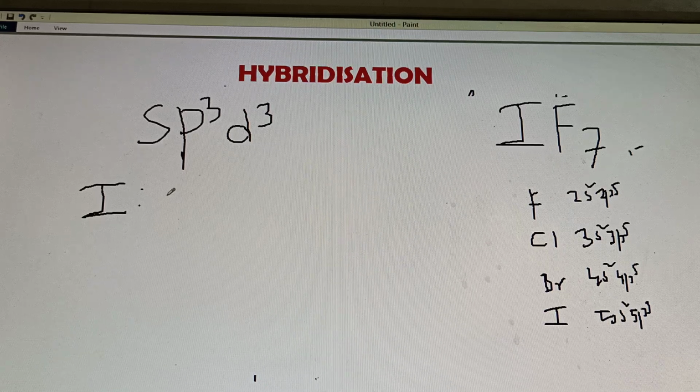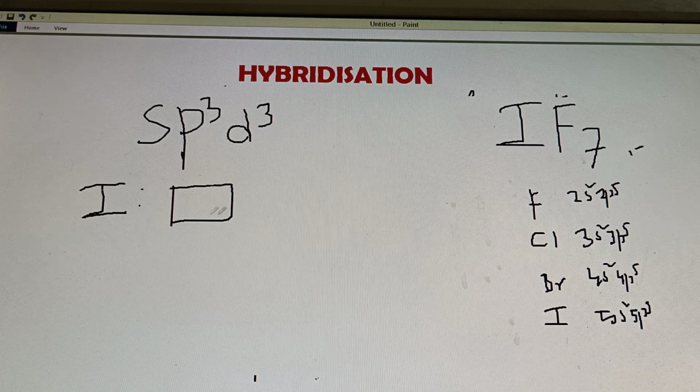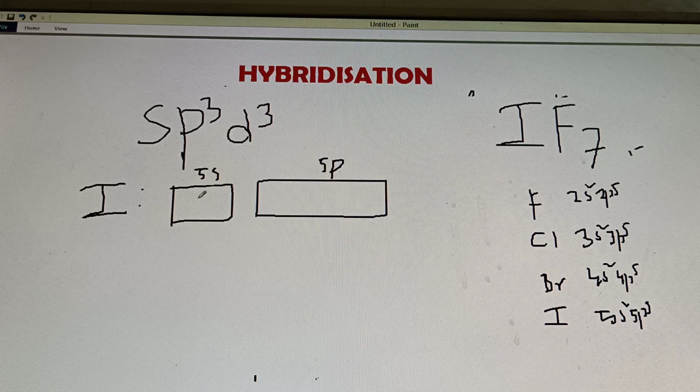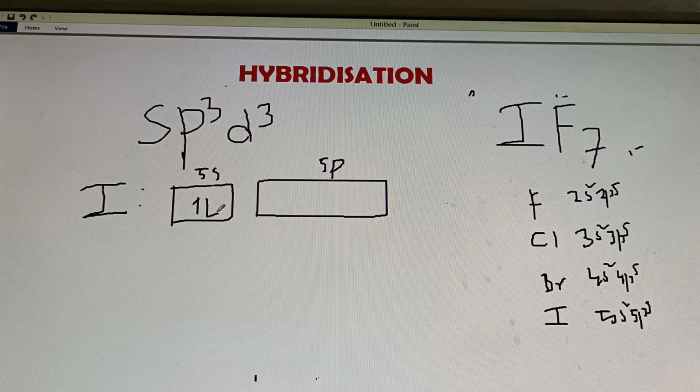So we'll consider the 5s orbital and 5p. 5s2, 5p with five electrons.